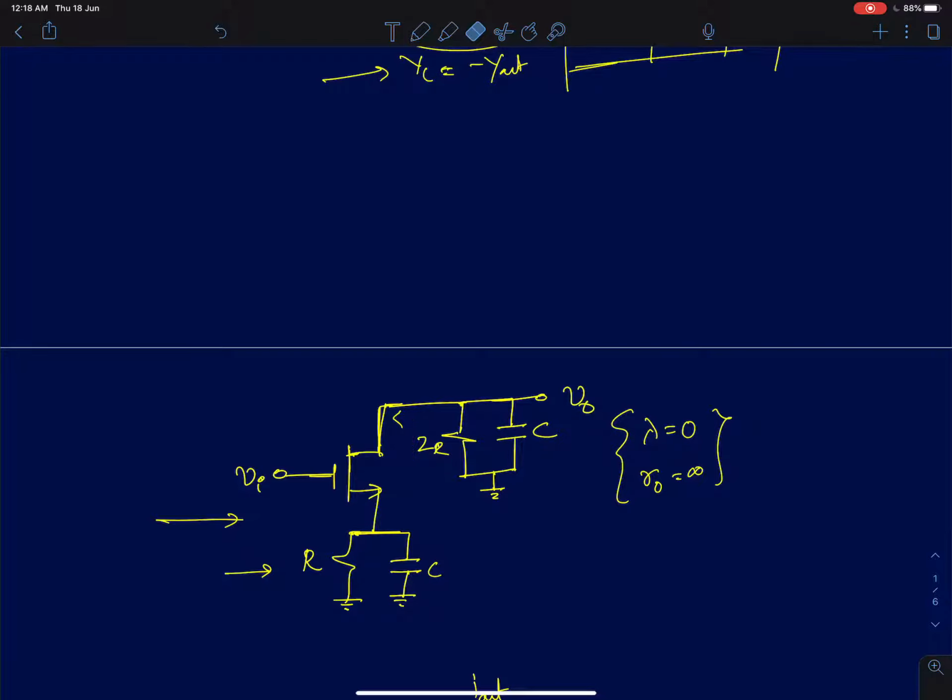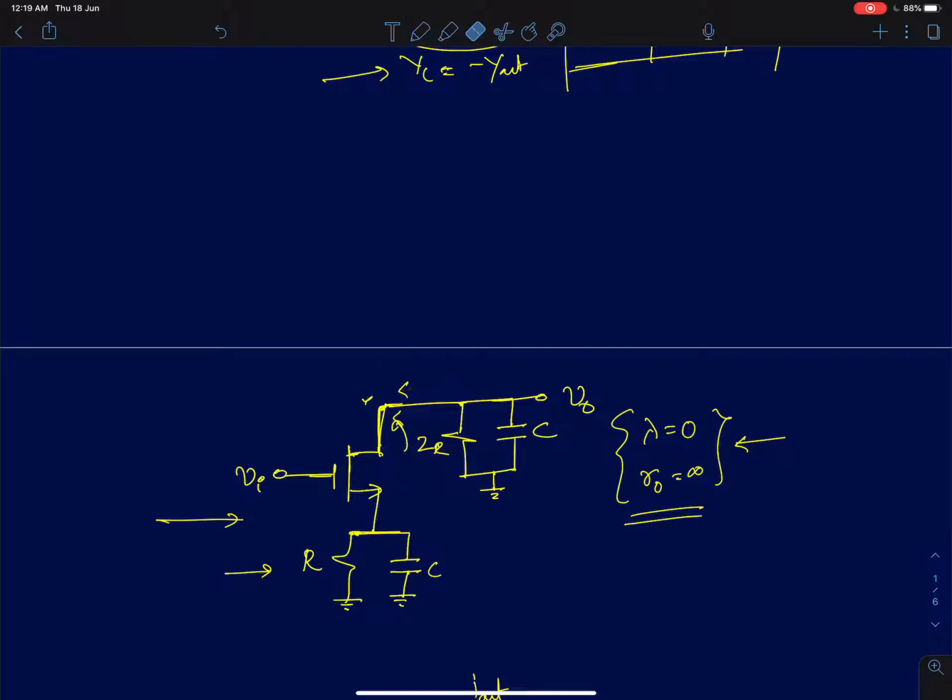Which means the Z out for this circuit is going to be infinity, because I'm looking into the drain. Since lambda is 0, there is no relationship between the drain and the source terminal. So even if I change my drain terminal by an incremental value delta V, there is going to be no current flowing from drain to source. Because R0 is infinity, there is absolutely no relationship between drain and source.